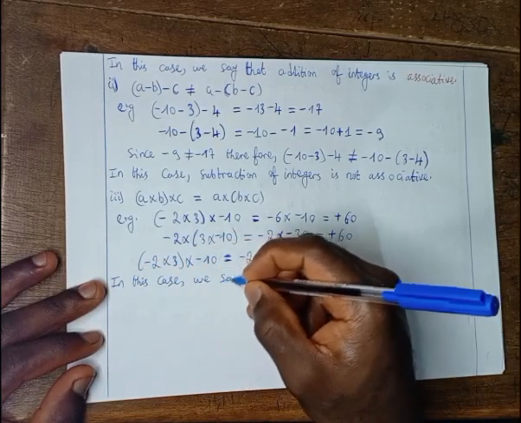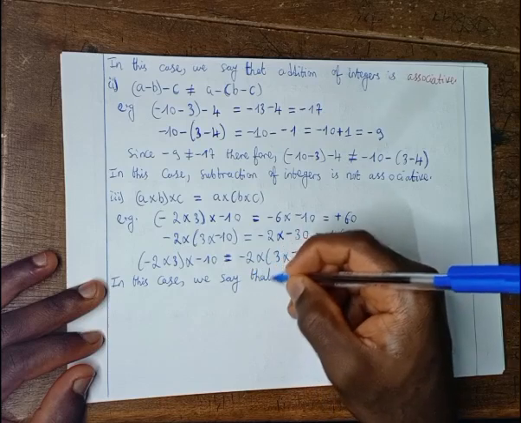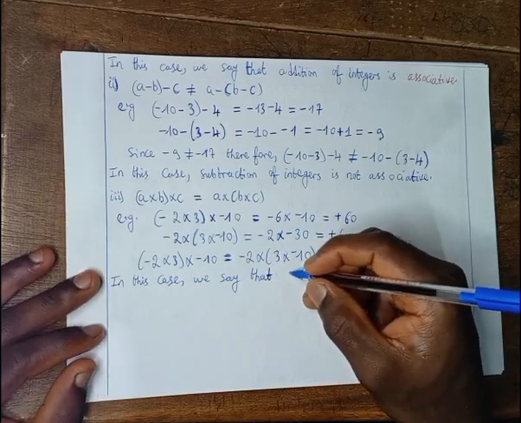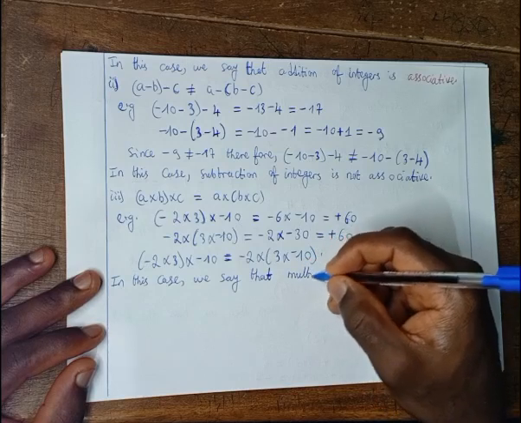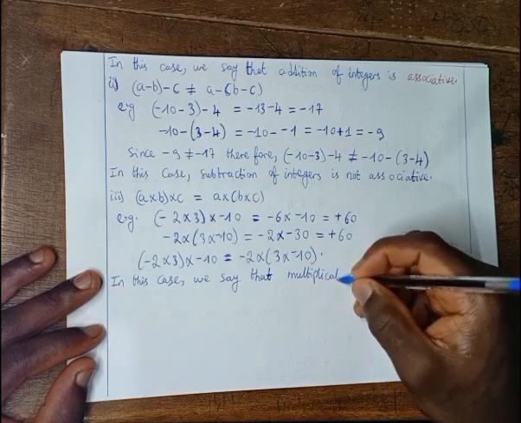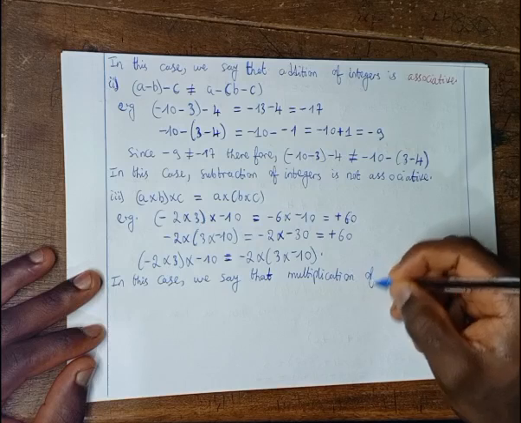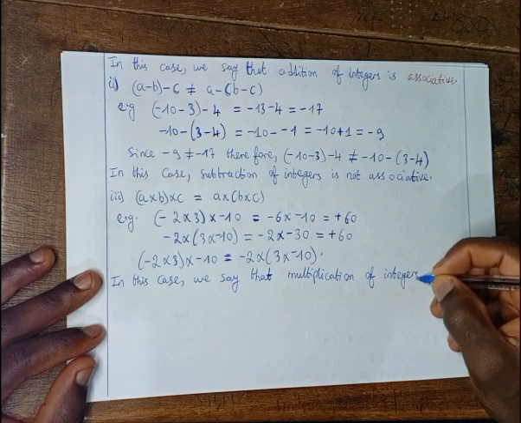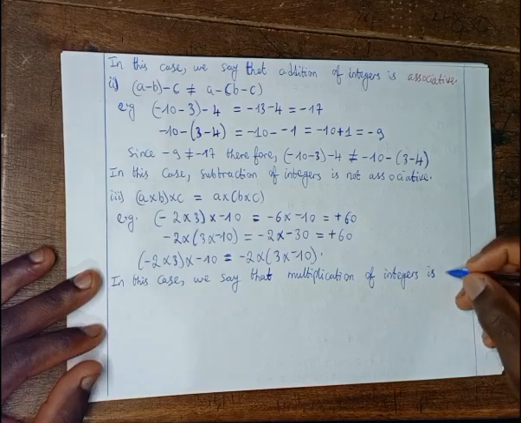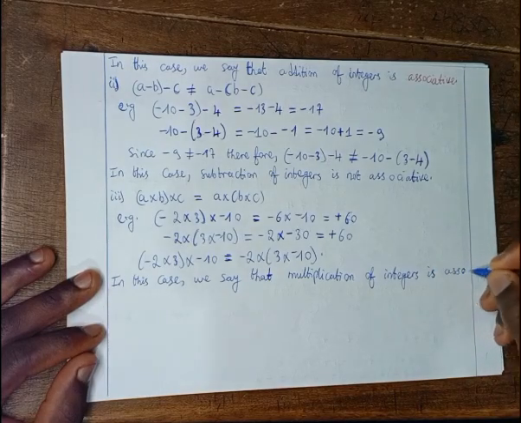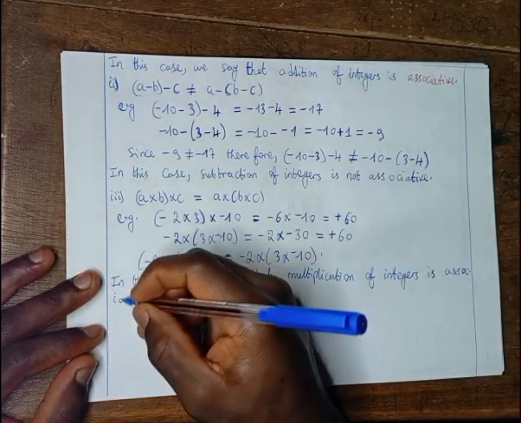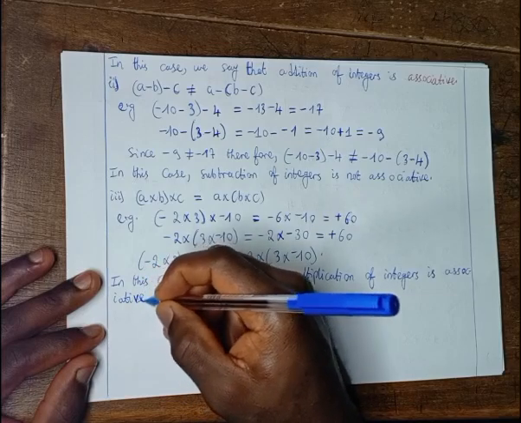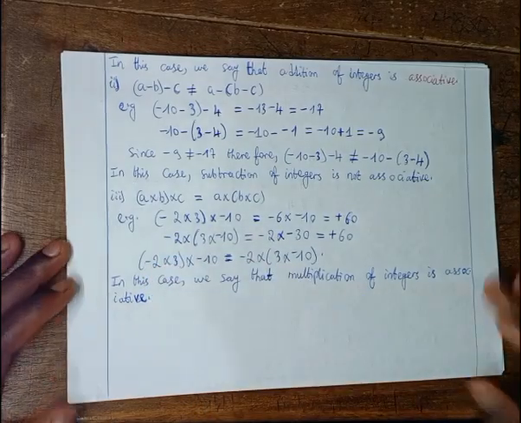We say that multiplication of integers is associative. These properties, they work too on the set of natural numbers, so you take note of that.